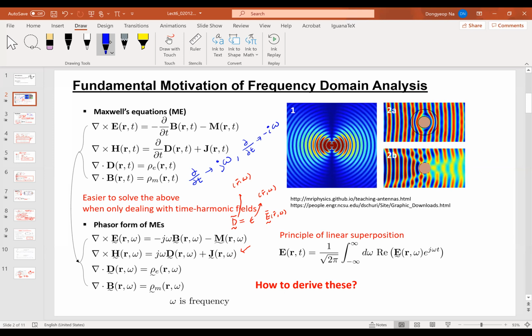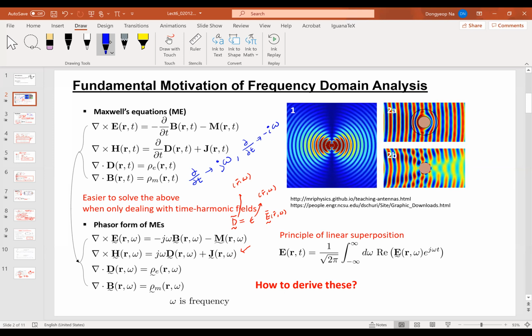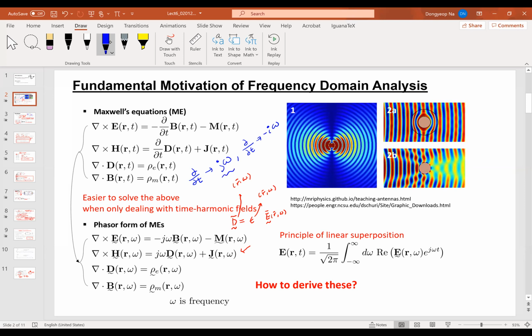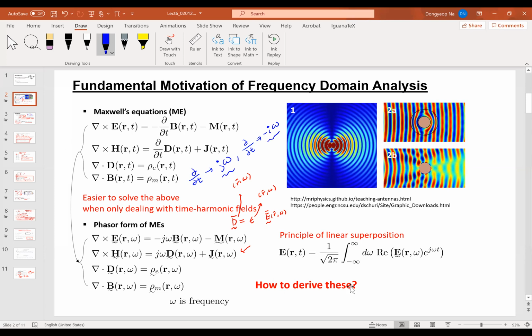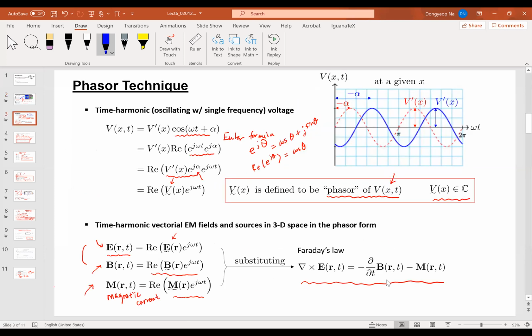But in the electrical engineering society, we often use j omega, while the physics society uses minus j omega. You can derive the minus j omega t convention by replacing these terms. But note that we are mostly using the j omega t time convention.